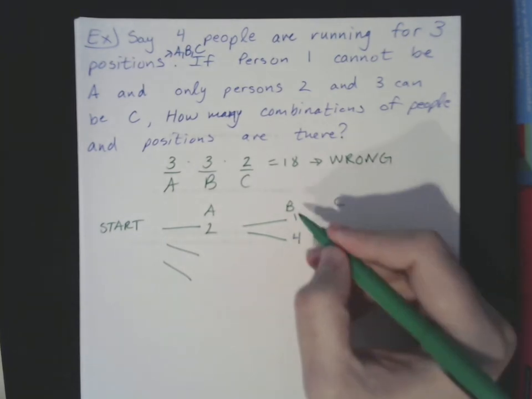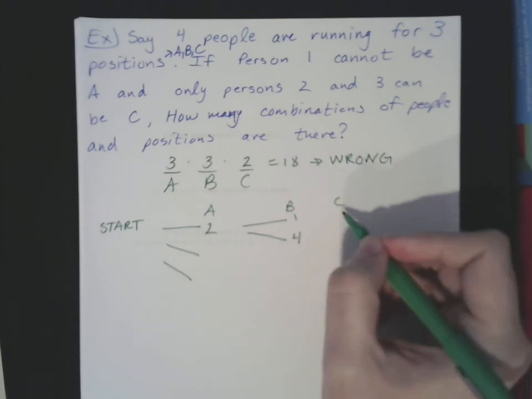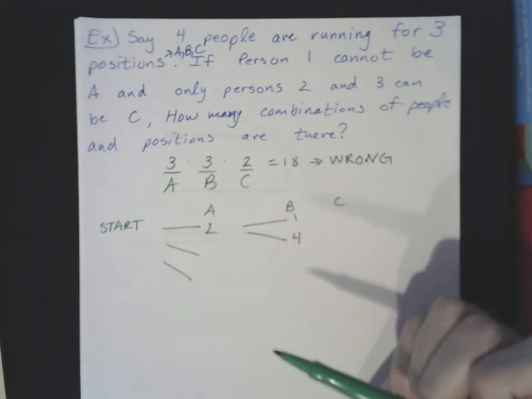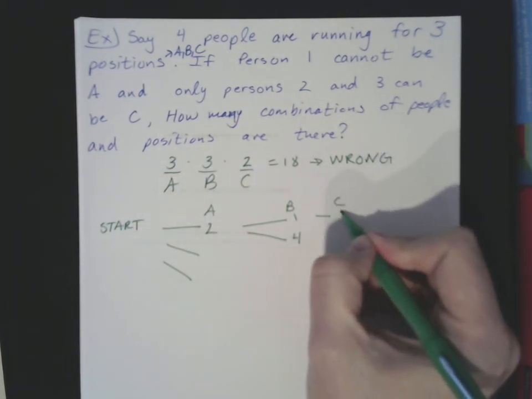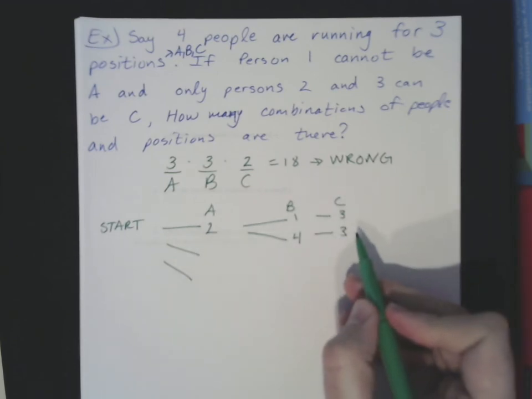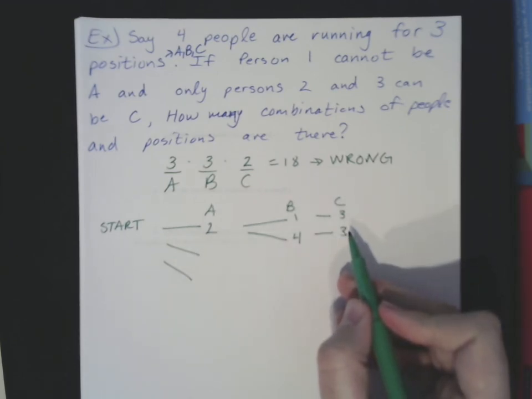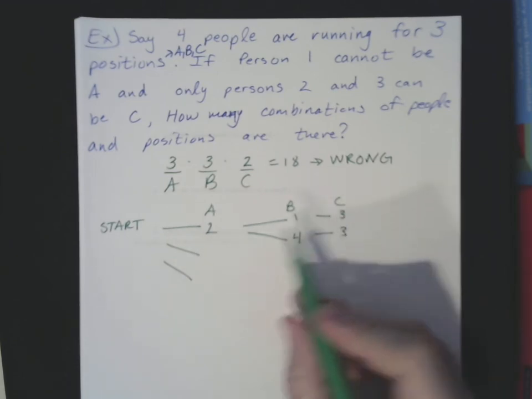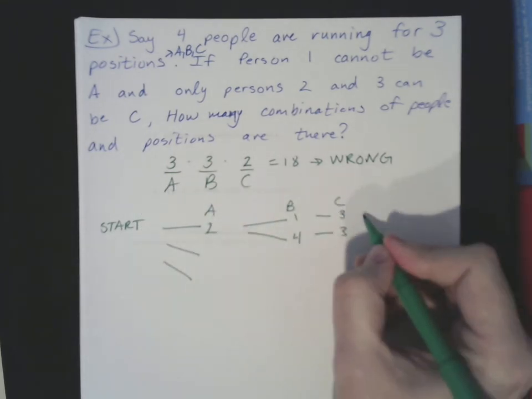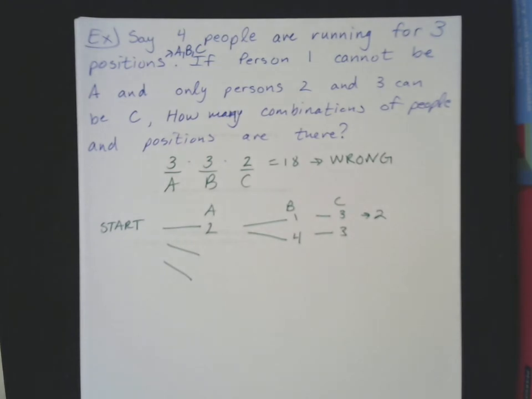Now, if you're wondering why only these 2, why not person 3? Well, our requirement is that only persons 2 and 3 can be in job C. So that means in both of these cases, we are shoehorned in from our first choice to what our second choice is. So there's not actually going to be 18 because this only is 2 options.